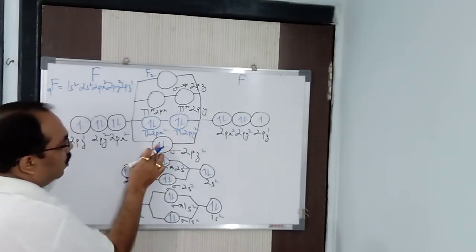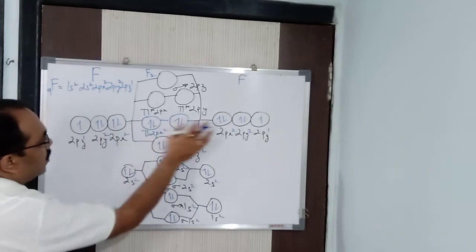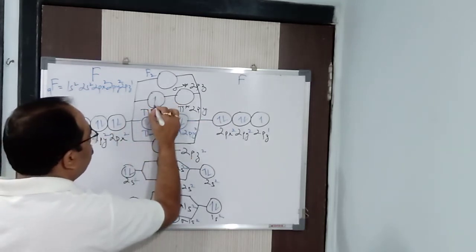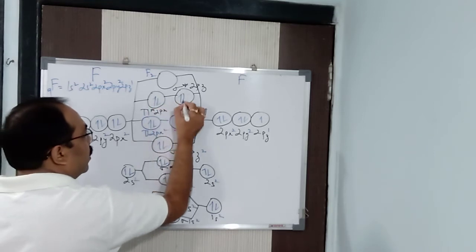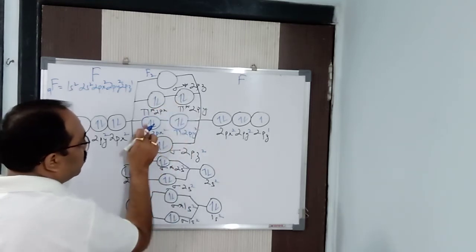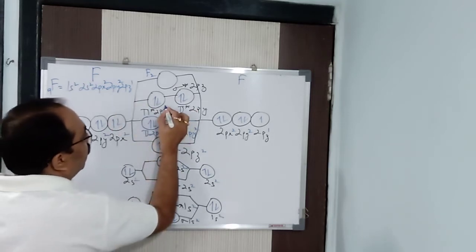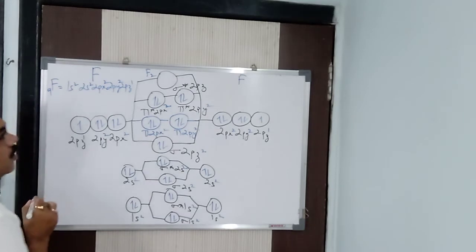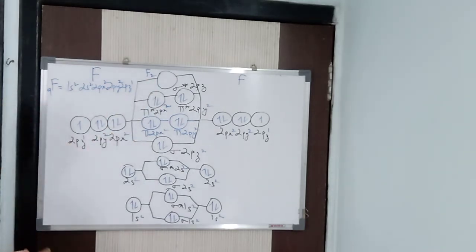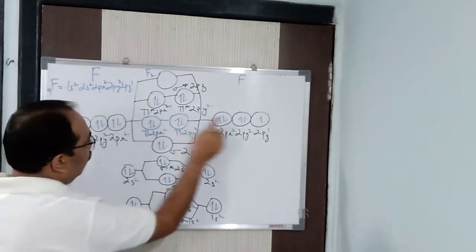So how many electrons did we get? 2 plus 2, 4, 4 plus 2, 6. Total how many are there? 5 plus 5, 10. Now next is 1 here, 1 here. Another here, another here. So how many is it? 2 plus 2, 4, 4 plus 2, 6, 6 plus 2, 8, 8 plus 2, 10. Done. Now this will be vacant. Clear? Because count it and see, total 5 and 5, 10.